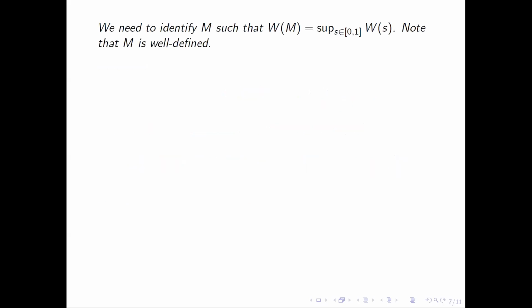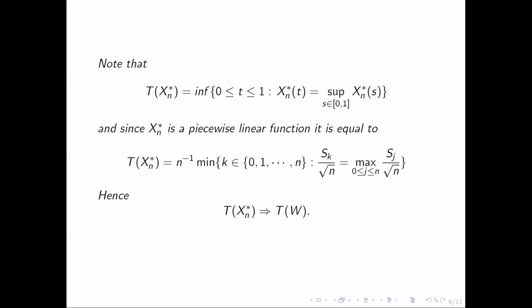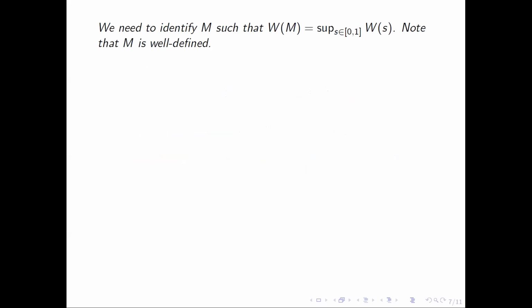So let us look into it. What do we want to do? What is T of W? T of W is the minimum of all M such that W(M) is the supremum of W(s), where s is between 0 and 1. And note that such an M will be well defined.